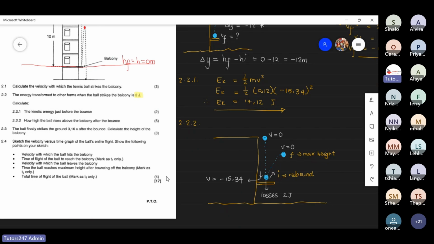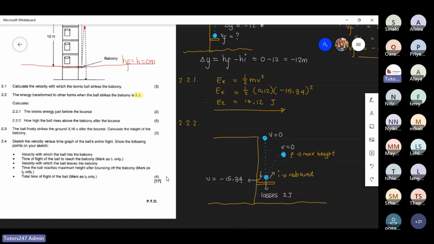So where I have the maximum height, we need to calculate how high above the balcony that is. Keep in mind that we know that the object hits the balcony with 14.12 joules of energy. In addition to that, it has a velocity of negative 15.34.